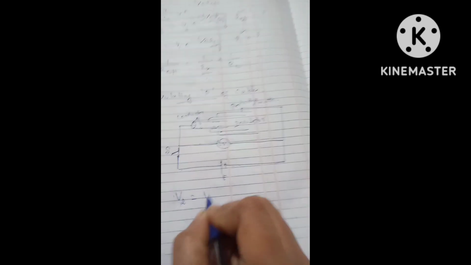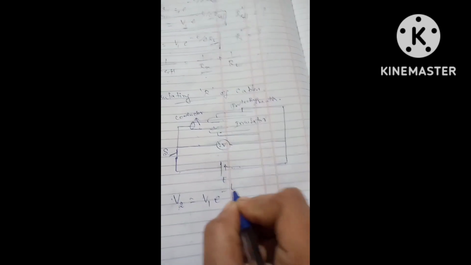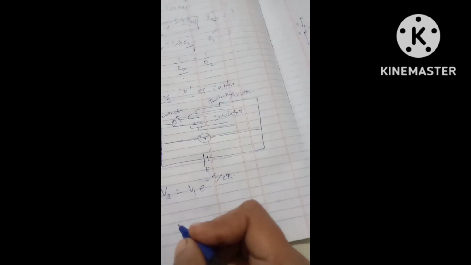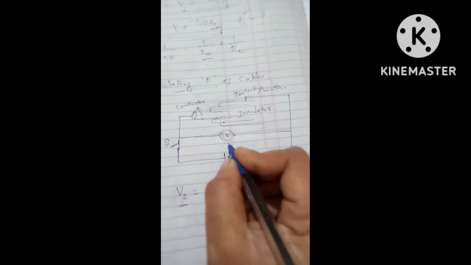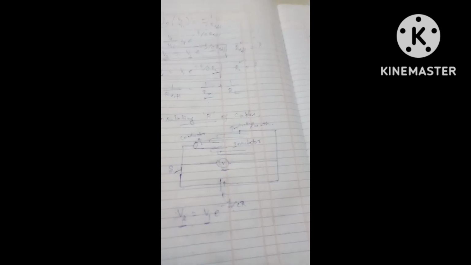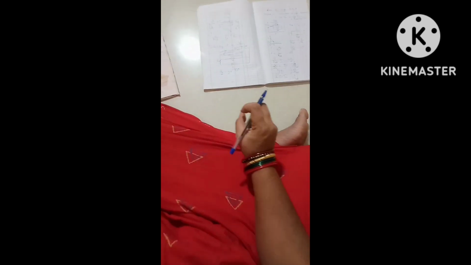And here the equation changes as V2 equal to V1 into e power minus t divided by C into R. These two voltages we can find out using this voltmeter, and t is the time duration which we have to measure. Normally in cables, the capacitance value of the cable is stated by the manufacturer itself.